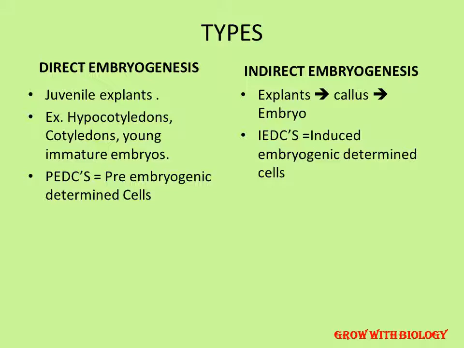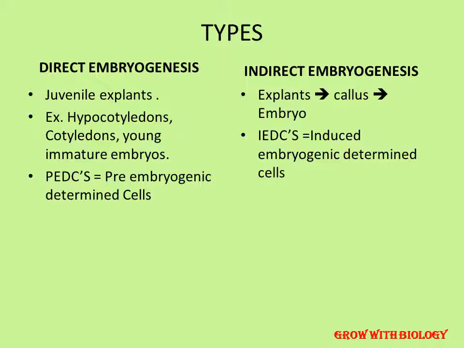In direct embryogenesis, it is focused on the juvenile explants, that means hypocotyls, cotyledons, and young immature embryos. Finally after direct embryogenesis, it gives rise to an embryo. The cells which are involved are known as PEDCs, pre-embryogenic determined cells, meaning they are determined to form embryo.